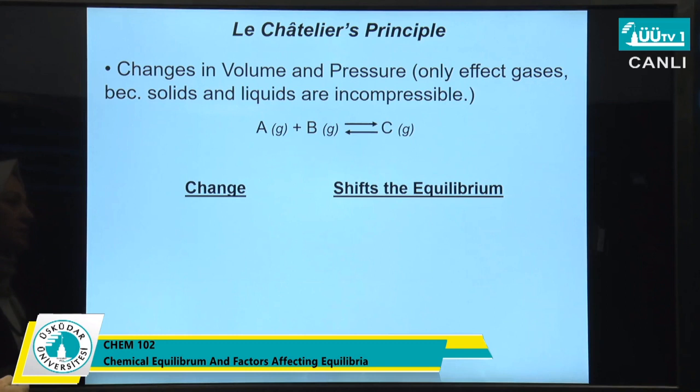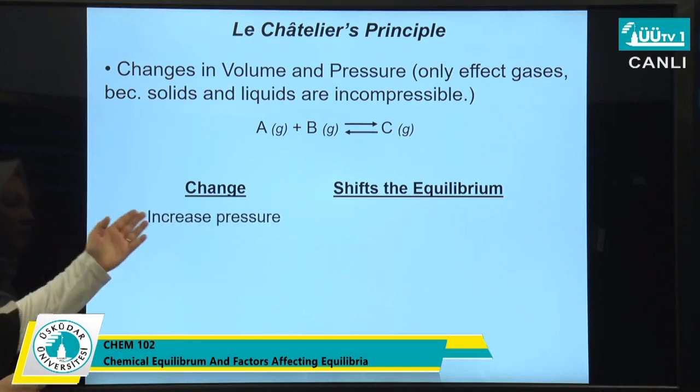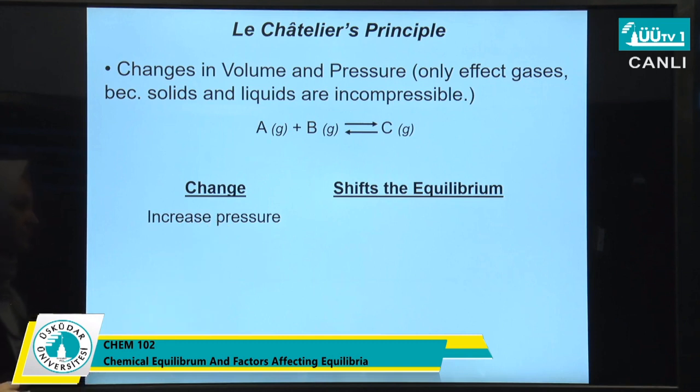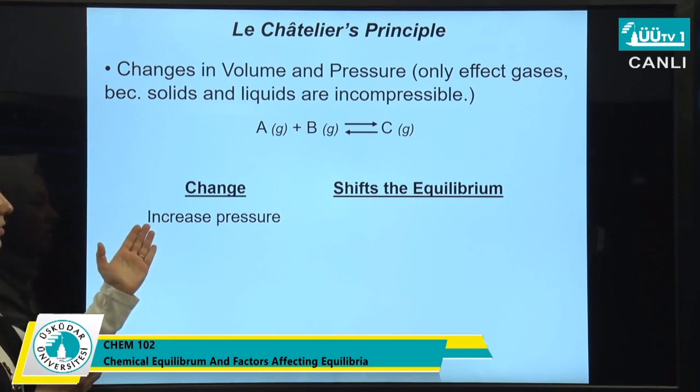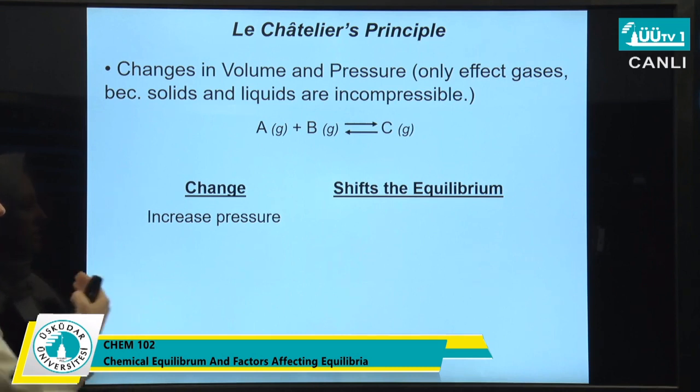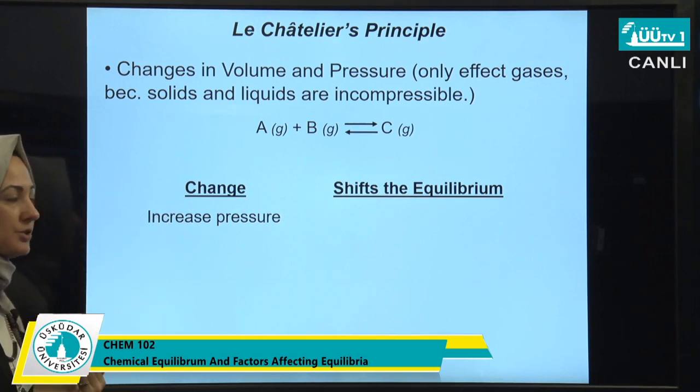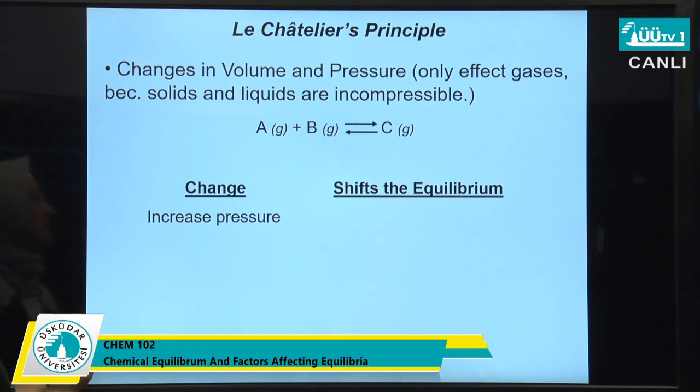Now, what happens, for instance, in this gaseous phase reaction if we increase the pressure? Le Chatelier's principle says that the system will try to offset this change. How? Reacting in a negative way, it will try to decrease the pressure. How can it decrease this pressure?